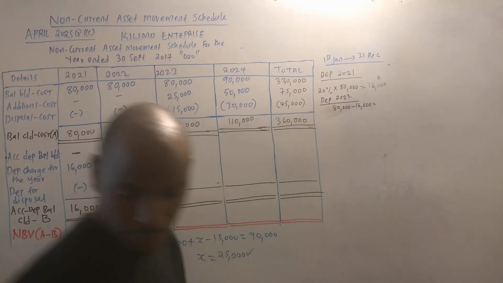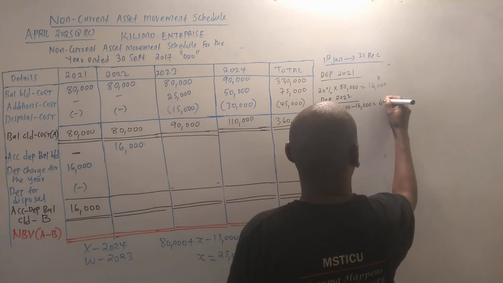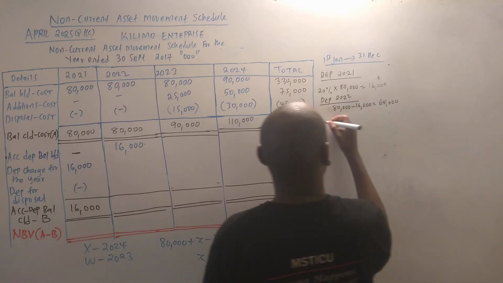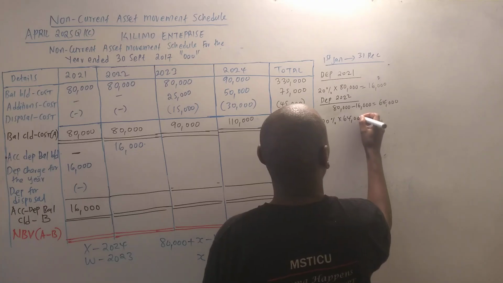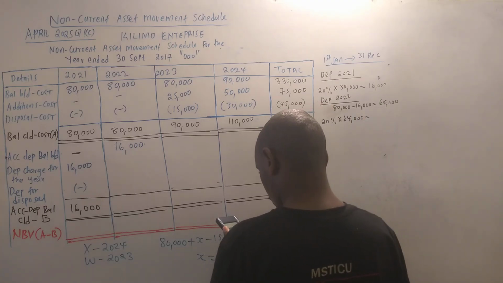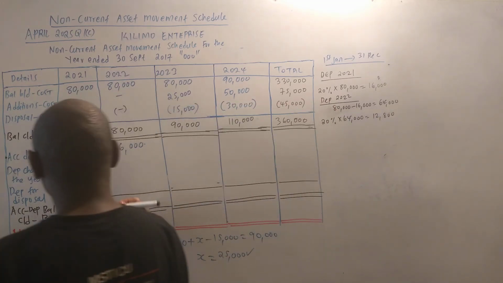That is 64,000. Then we say 20% times 64,000. So 0.2 times 64,000 is 12,800.